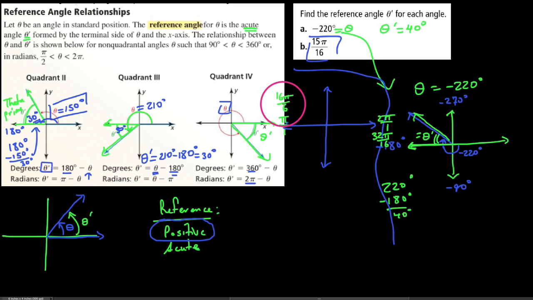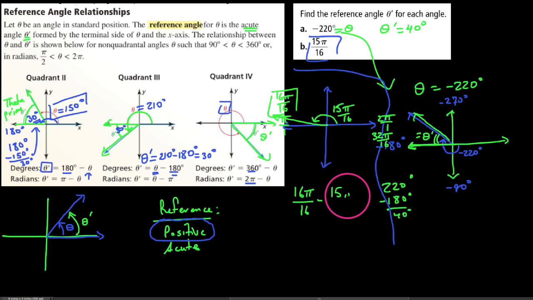I think the idea is that if this is 16 pi 16ths right here, then 15 pi 16ths would just be 1 pi 16th short of 16 pi 16ths. So if this is our 15 pi 16ths, and that all the way over here is 16 pi 16ths, then we can see that by taking that 16 pi 16ths and subtracting off the initial 15 pi 16ths, we should get this leftover reference angle right here that we're calling theta prime.